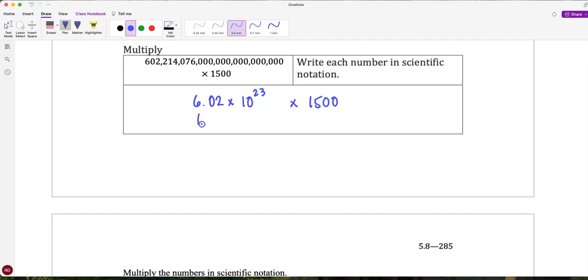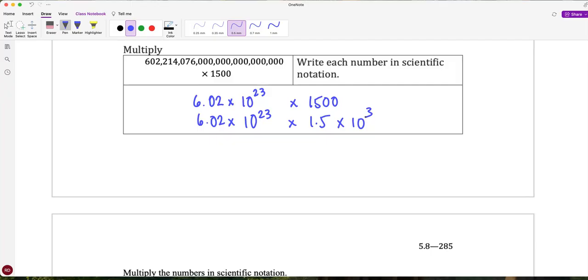Well, this is 6.02 times 10 to the 23rd. Write this number in scientific notation. That is 1.5, okay? In order to do that, I had to make this number smaller by 1, 2, 3 powers of 10. So it's this.